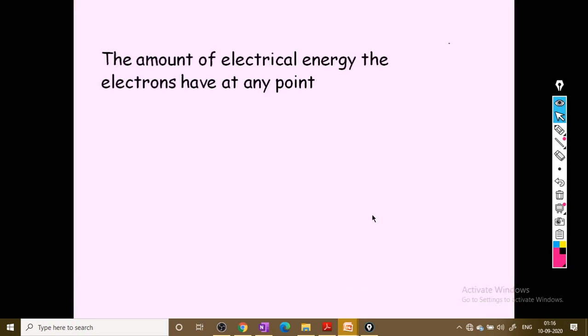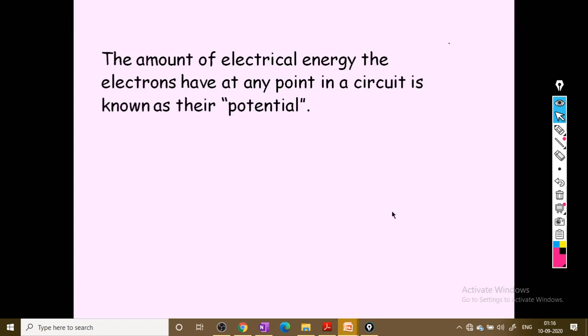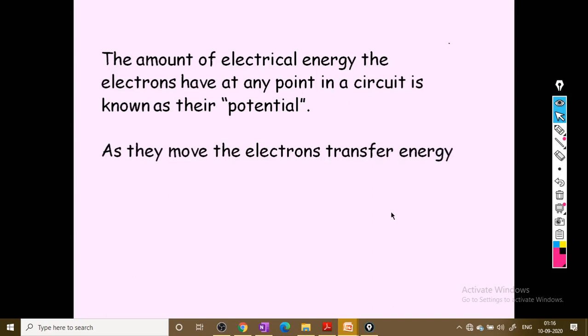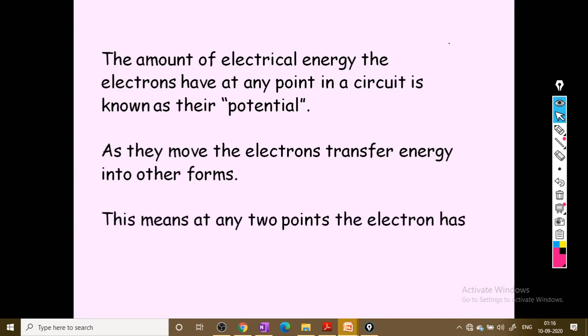The amount of electric energy the electrons have at any point in a circuit is known as potential. That is the definition of potential. As they move, the electrons transfer energy into other forms.